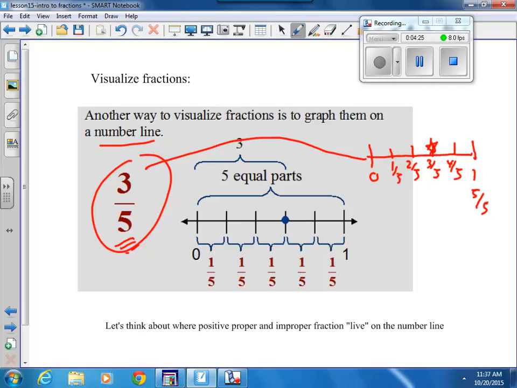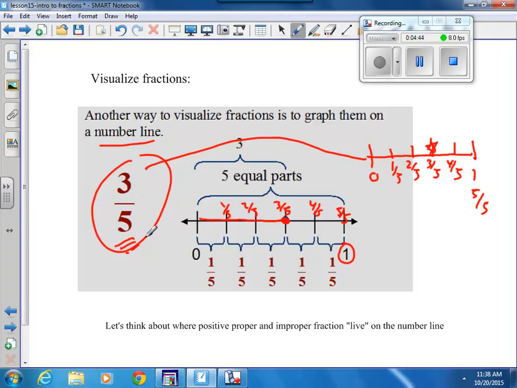So 5/5 means the same thing as 1. So that's why we're landing here at 3/5. Okay? So you do want to think about where these proper fractions reside.